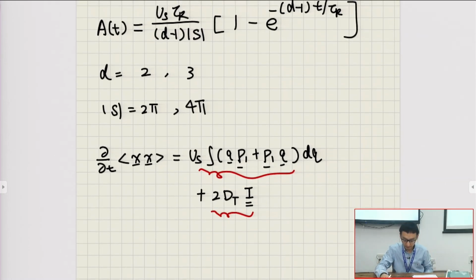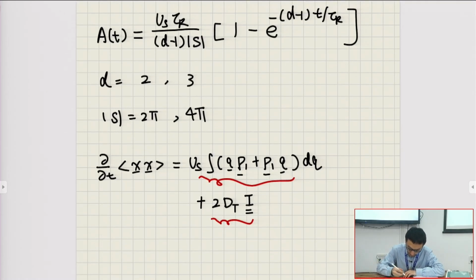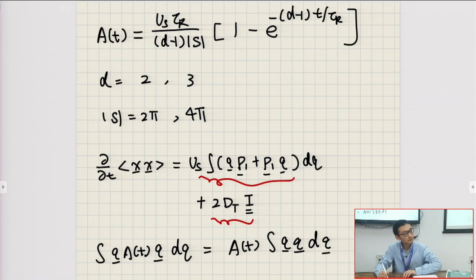So now we have P1, and we just do the integration to find the mean square displacement or the derivative of it. So then there's another calculation we have to do, which is q times P1. P1 is a function of time times q dq, where A has nothing to do with the integral. So we just need to calculate the integral of q q dq.